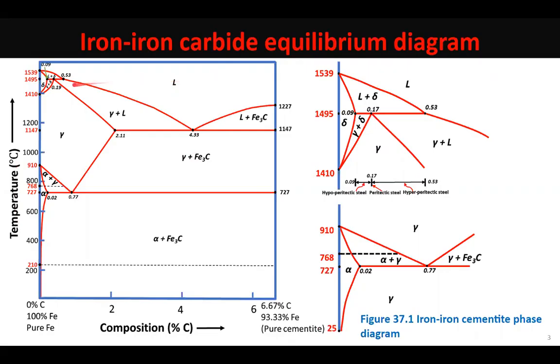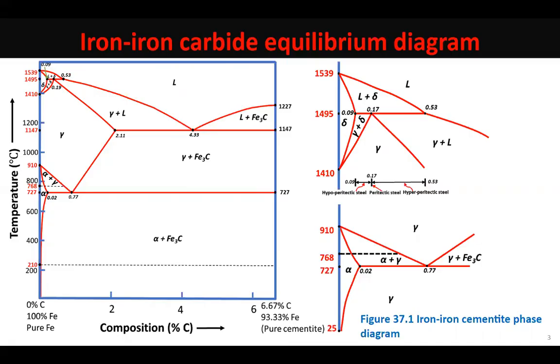This is the liquidus line of the iron cementite diagram, and whenever any iron carbon system is at a temperature such that it falls above this liquidus line, then it has a single phase in it, a liquid solution of iron and carbon.